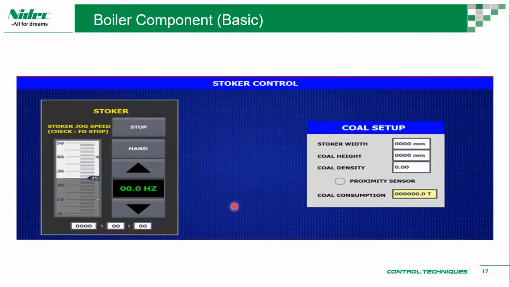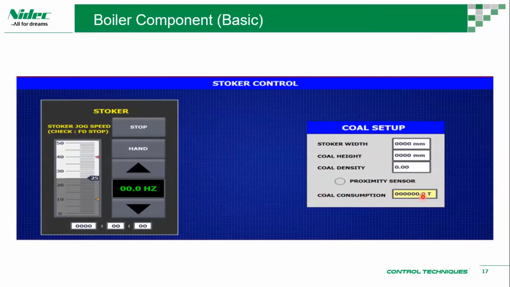For the advanced control for the stoker, we can see here on the right, we can manage the coal height, we can manage the coal density. Also, we have a proximity sensor to make sure that above the chain grate stoker we still have stock of coal. And also, we can calculate the coal consumption in tonnage.